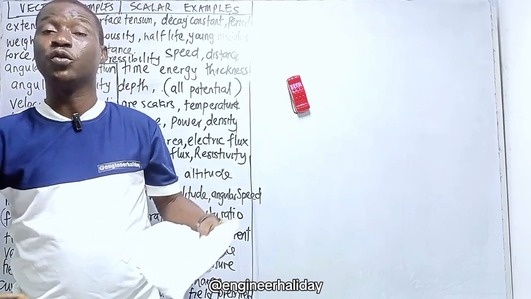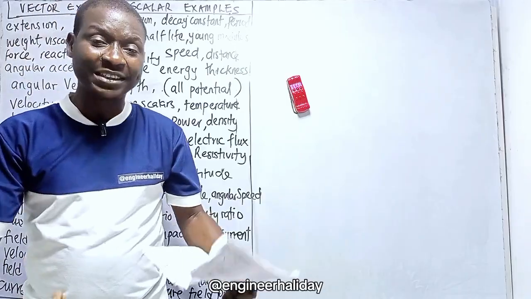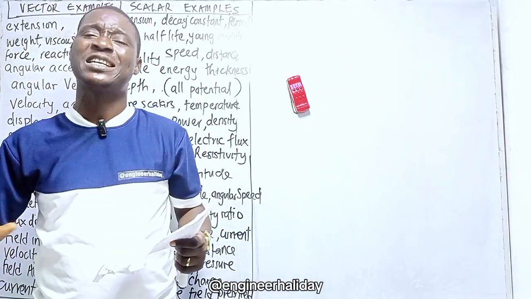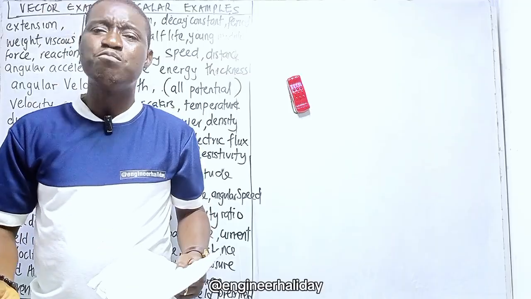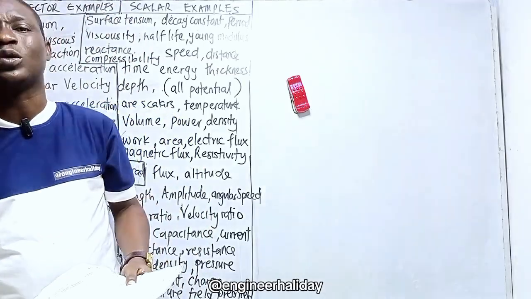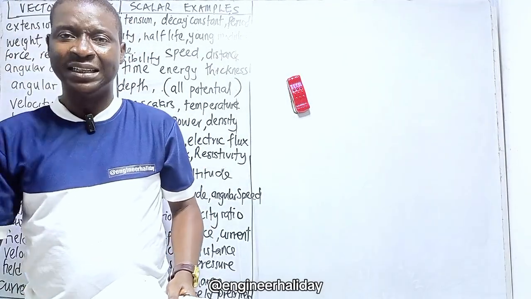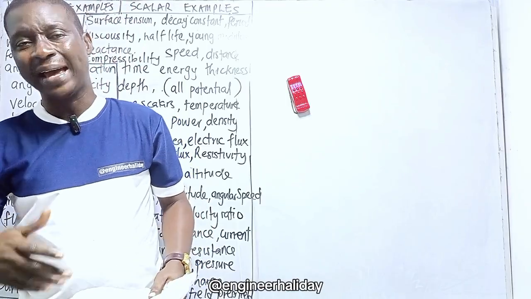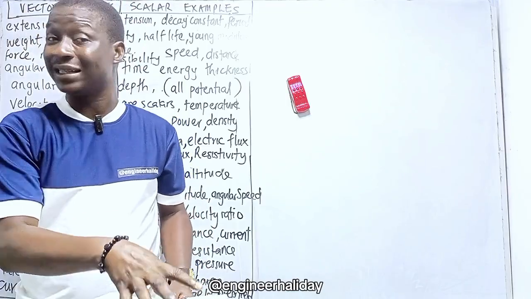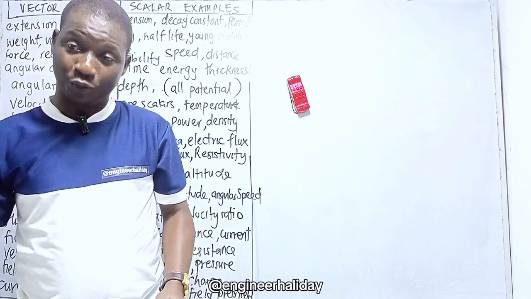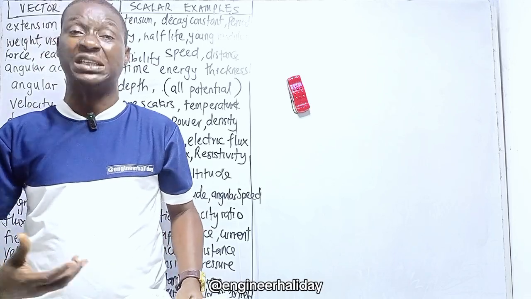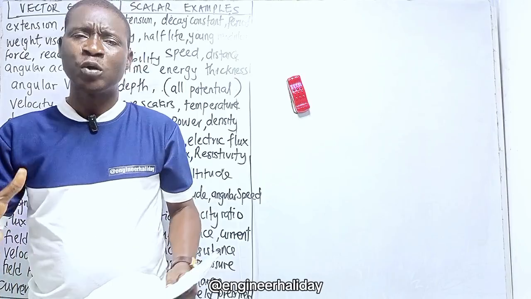When a building is under stress, it has a magnitude, it has a direction in a specific coordinate. We have moment of inertia, we have conductivity, we have strain. These are tensor quantities. So we have other quantities that are not under scalar, not under vector, but they are under tensor. I've mentioned strain, stress, conductivity, moment of inertia, and so forth and so on.